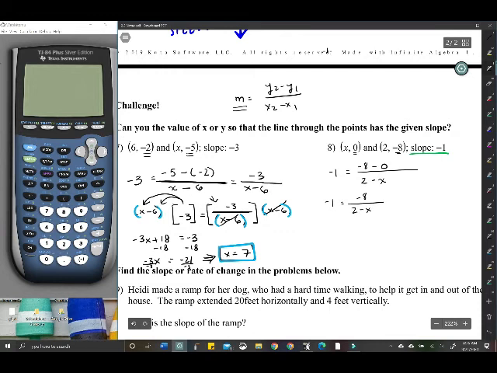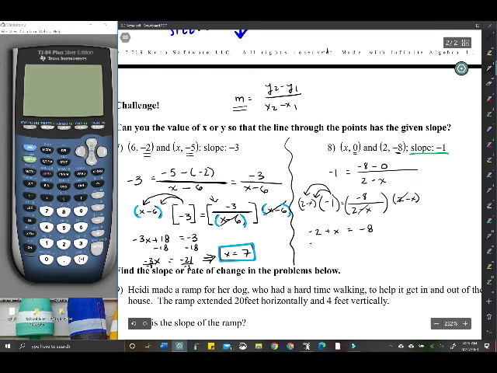We still have this funky denominator thing. Well, let's just take care of that by multiplying by 2 minus x, left and right. Let's just draw a little line here. Distribute the negative 1. So it's negative 2 plus x is equal to negative 8.